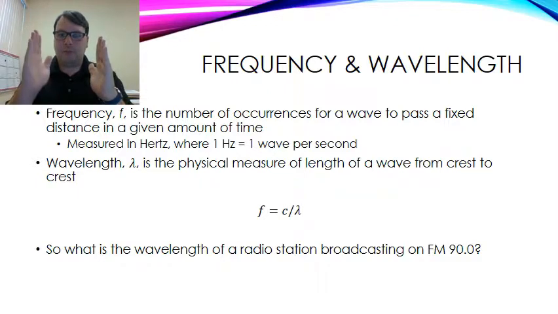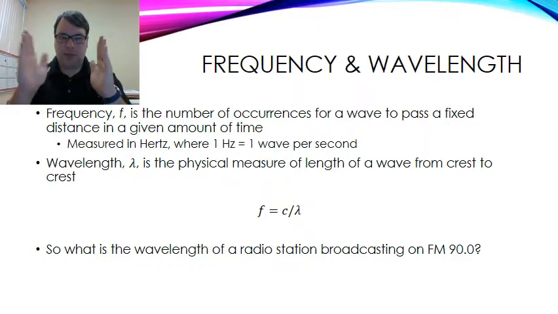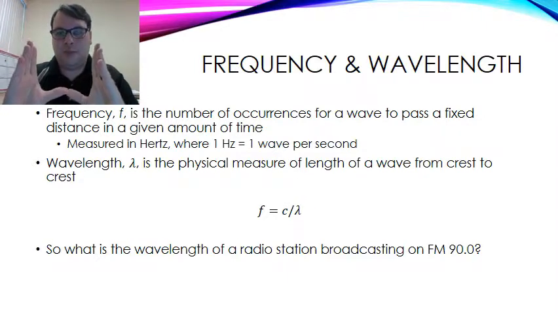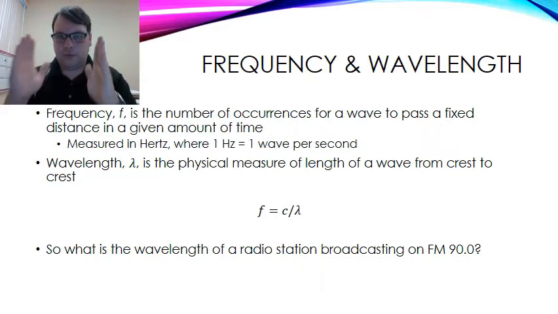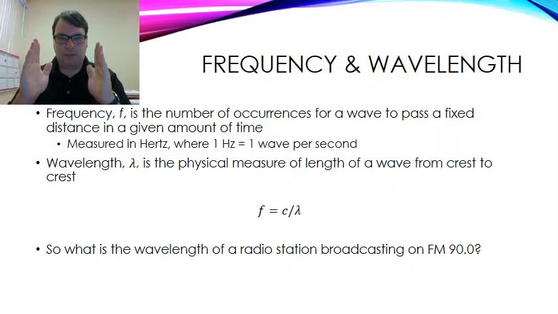Here's point A, here's point B. If I have a wave that is going in one motion here between point A to point B, that can be measured using a terminology called hertz. So that's going to be our unit. So 1 hertz is going to be 1 wave per second. So going back to my example, if this wave took 1 full second to go from point A to point B, then that is 1 hertz.